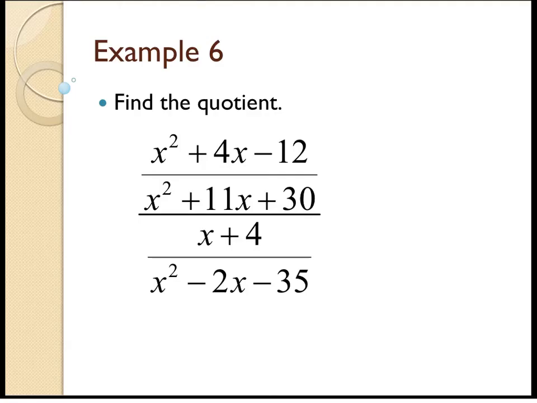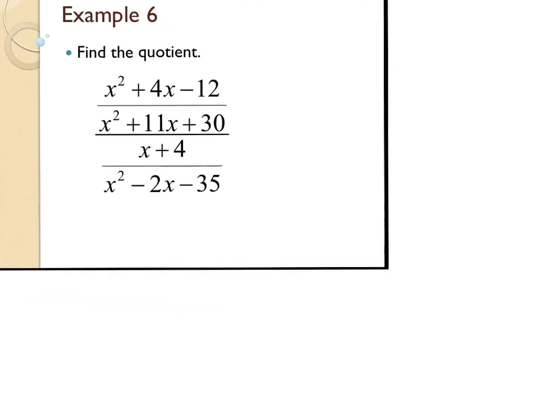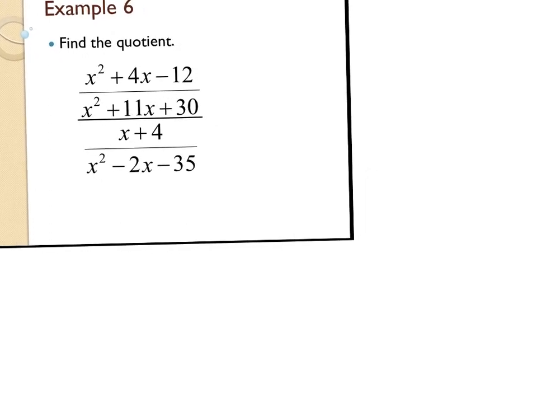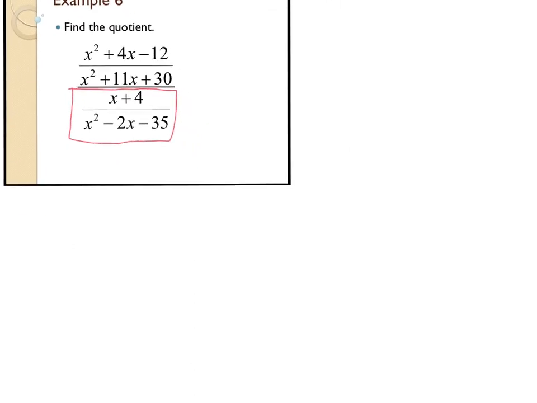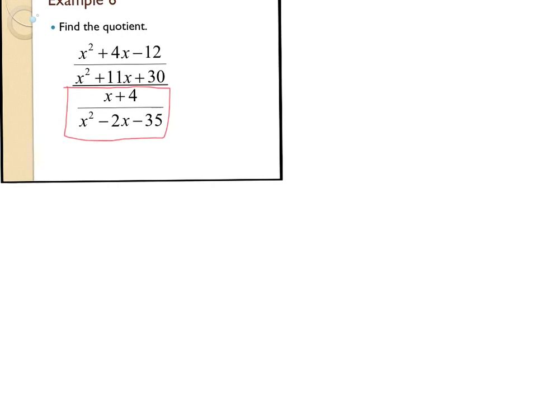Next problem. Whoa. So, pretty complex. The first thing I'm going to do is highlight this, and make that a little bit smaller. I'm going to rewrite the problem and make it multiplication because that's a lot easier to work with. So how do I divide fractions? Multiply by the reciprocal.